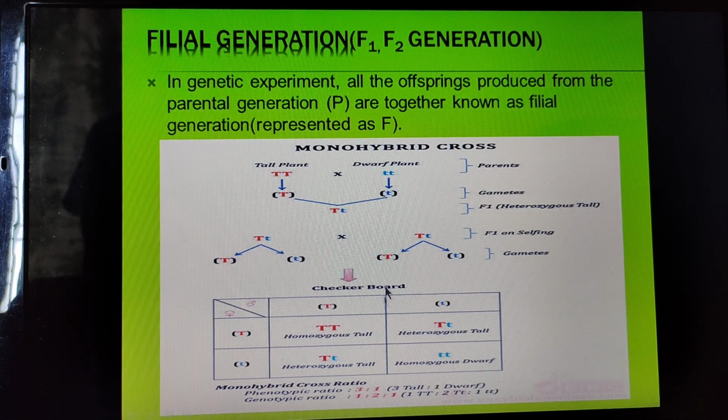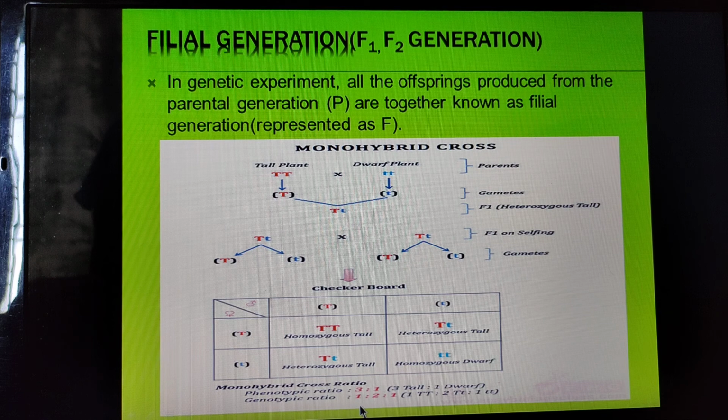The second generation what we get from here, one offspring is pure tall, two offsprings are heterozygous tall, and one offspring is homozygous dwarf.